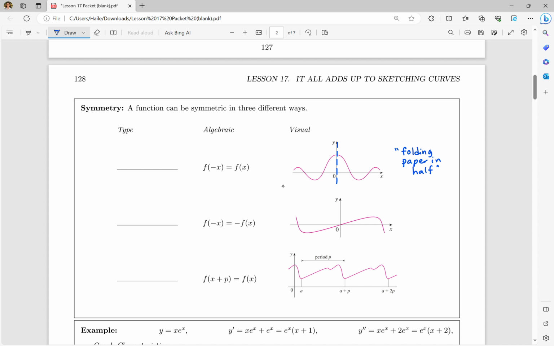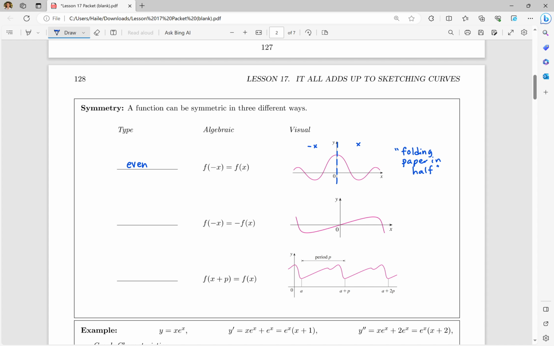This type of function is called an even function. Okay, and algebraically what we're saying is f of negative x is equal to f of x. Okay, and so all that means is these are your negative x values, these are your x values, and you can see from the picture that they're equal.